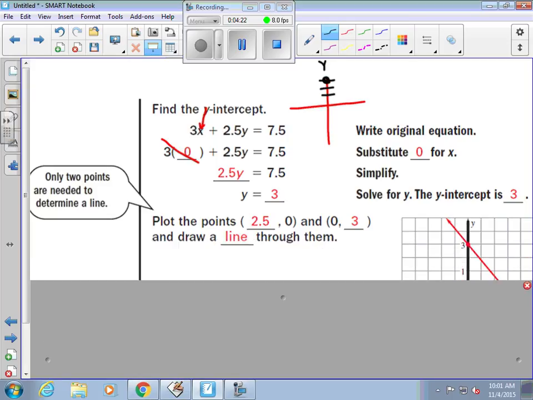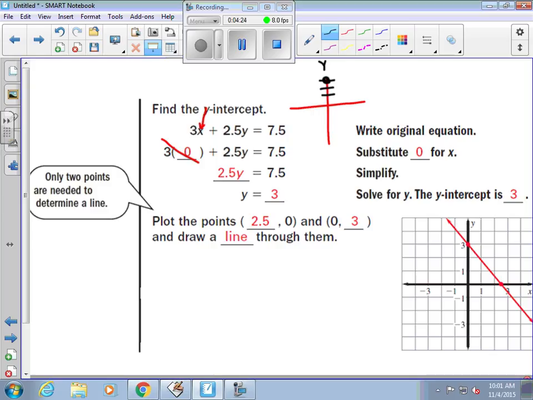So when you plot those 2 points, 2.5 for your x value and 0, 3 for your y value, once you have 2 points, you can draw a line through the 2 points.